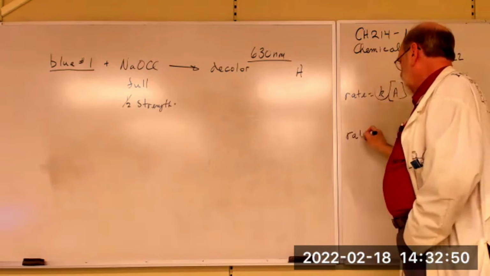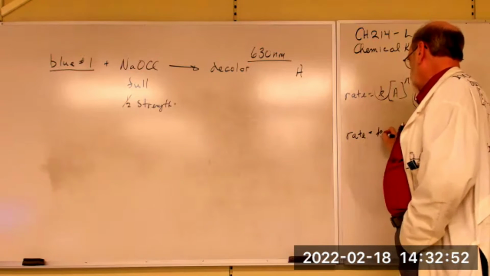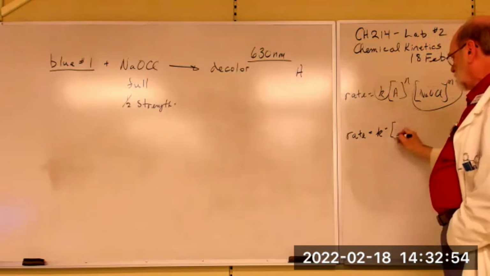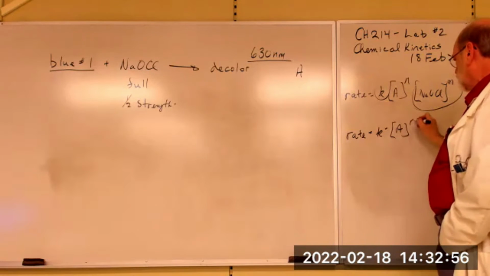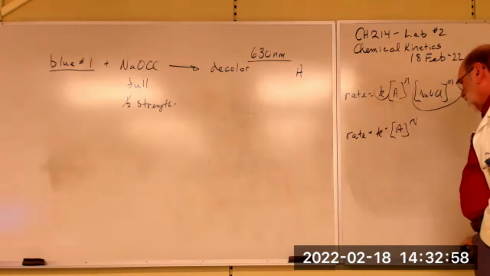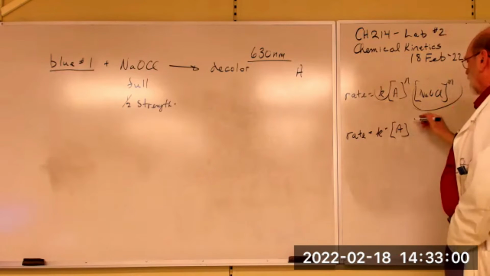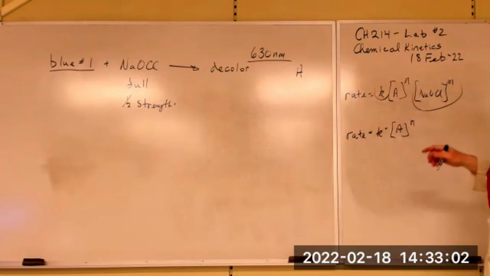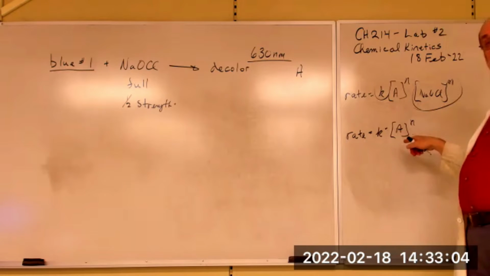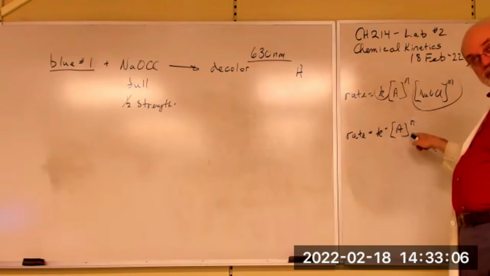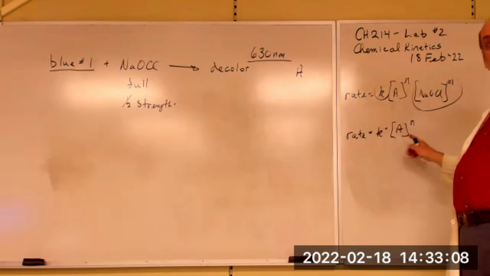And now we have an intermediate rate law. Now we can work, because all we need to do is find out what is this. Is it 0 order, 1st order, 2nd order? And we know how to do that.